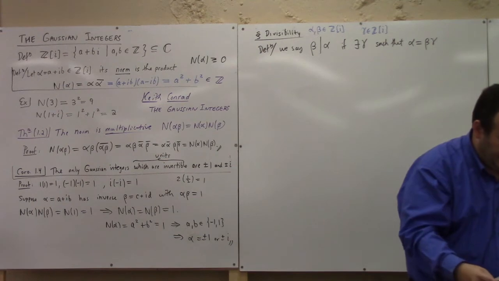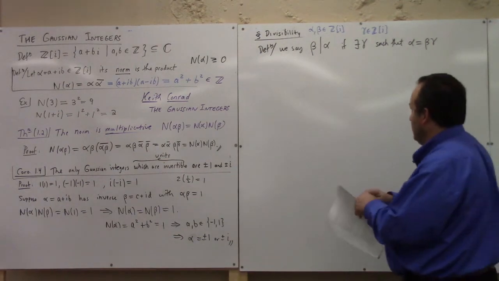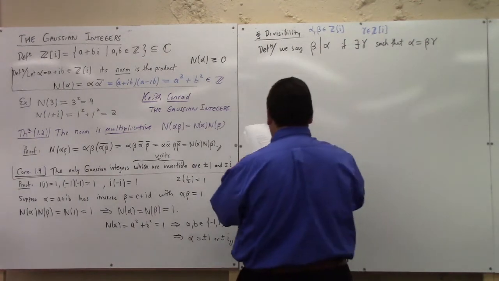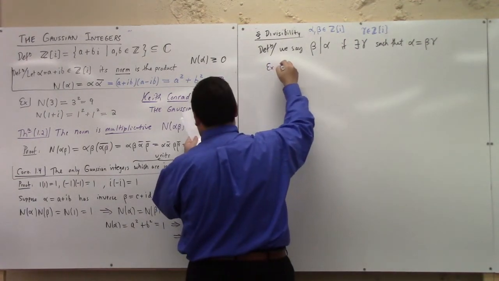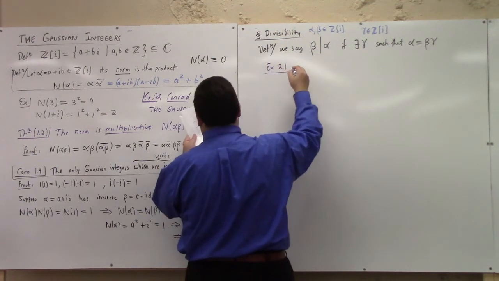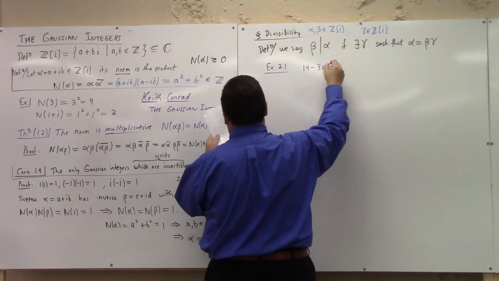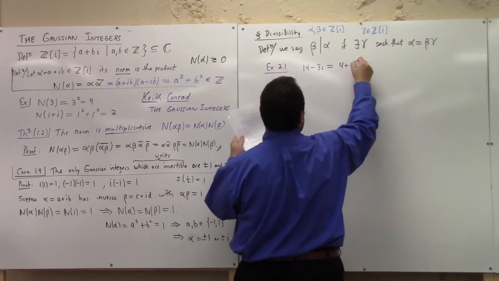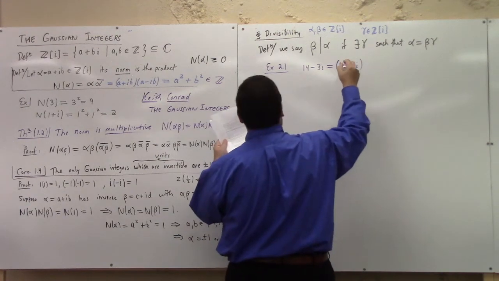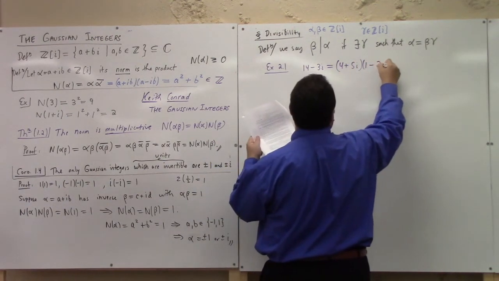Some examples he has for us here, which I will steal because they're nice. Example 2.1: 14 minus 3i equals 4 plus 5i times 1 minus 2i.